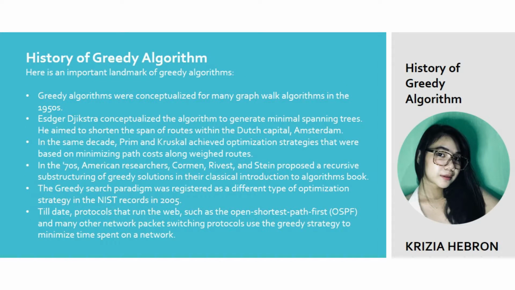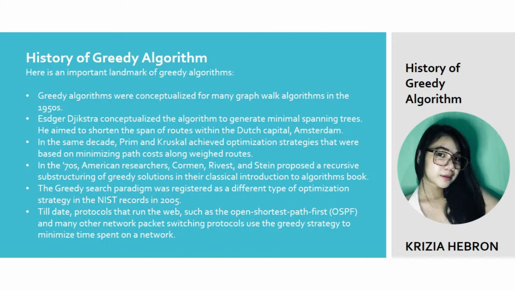History of greedy algorithms. Here is an important landmark of greedy algorithms. Greedy algorithms were conceptualized for many graph walk algorithms in the 1950s. Edsger Dijkstra conceptualized the algorithm to generate minimal spanning trees.